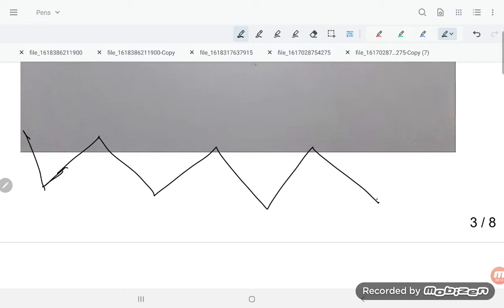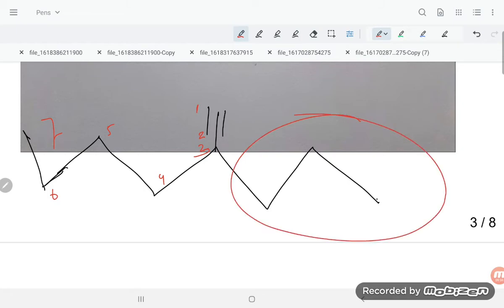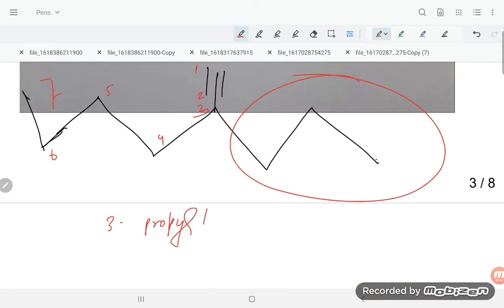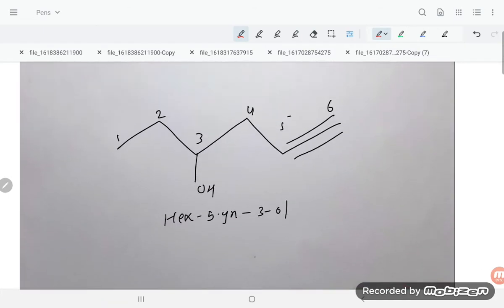If you check, there is another triple bond here. So the question is from which direction we have to number. The lowest number has to be given to the triple bond. So 1, this is 2, 3 4 5 6 7, and this group is the prefix. So it is 3-propyl heptyne. This is the IUPAC nomenclature of the alkyne.